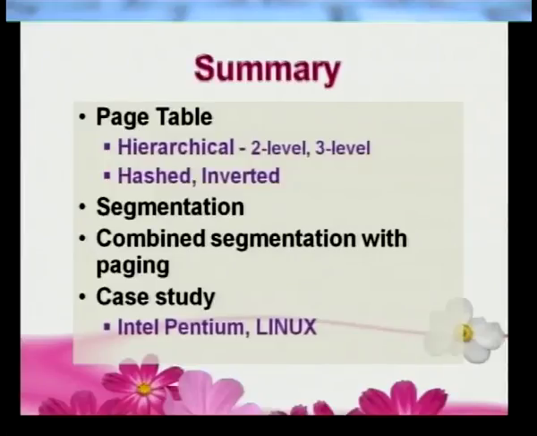The solution is segmentation. Segmentation can be combined with paging and implemented to provide faster access for your CPU. Therefore, many operating systems like Linux tend to use the combined segmentation and paging scheme, which we have discussed in the case study.